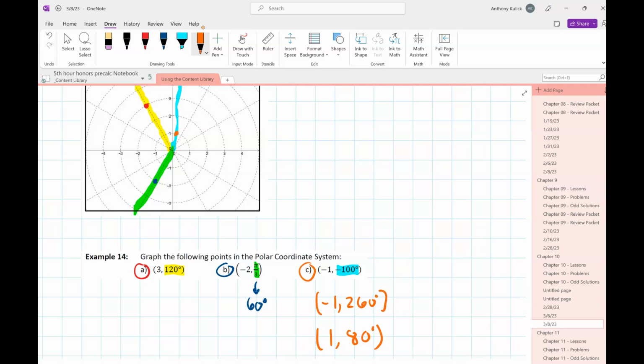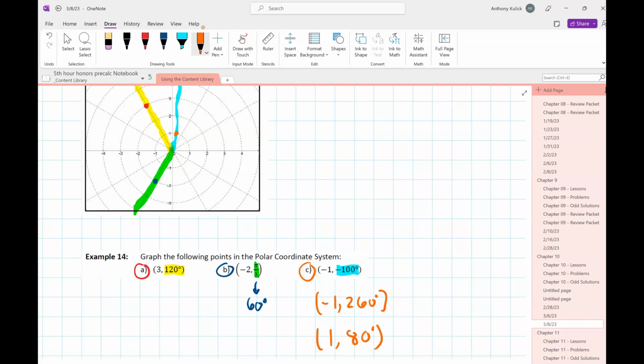So what can we say about these polar coordinates that's different than our rectangular coordinates we've been working with all this time? They're not unique, right? The polar coordinates, you can get lots of different ways of writing the same point, which is kind of unfortunate, but it's okay.